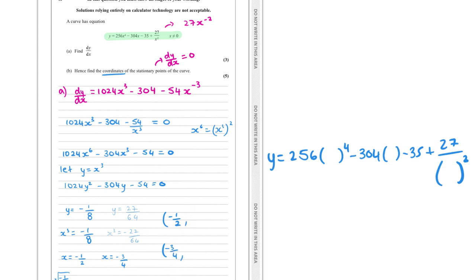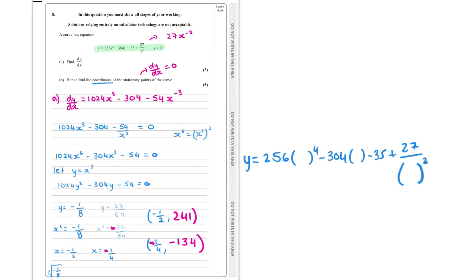Okay? So, when we get this, we substitute in. The first one I'm going to put in is minus a half. I get 241. And then when I put in minus 3/4, no, that's a positive. Okay, when I put in positive 3/4, sorry, I'm just making mistakes with minuses, I get minus 134. Okay, so that's a lovely 8 marks, actually. Great work.